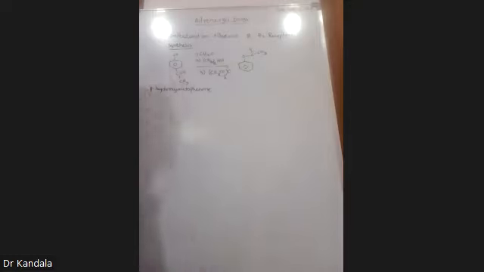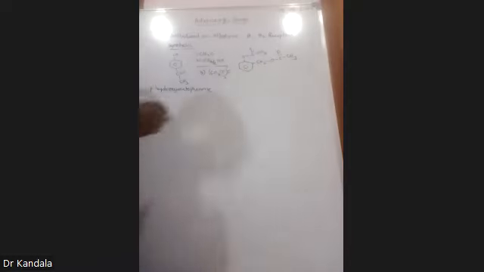The intermediate will have such a structure where the hydrogen of this OH group is replaced by COCH3, and another substitution at the second position, CH2OC double bond O CH3, takes place.